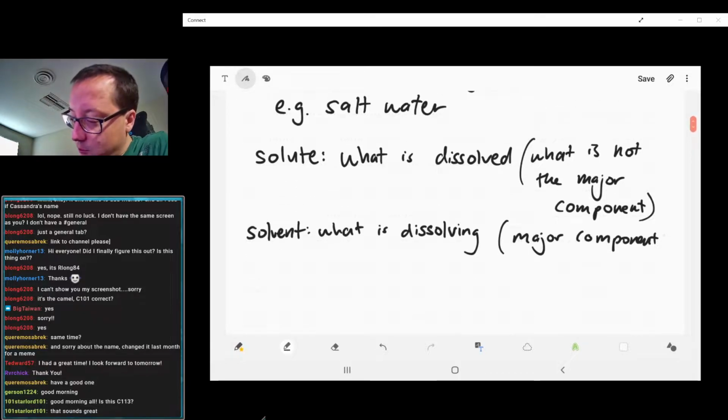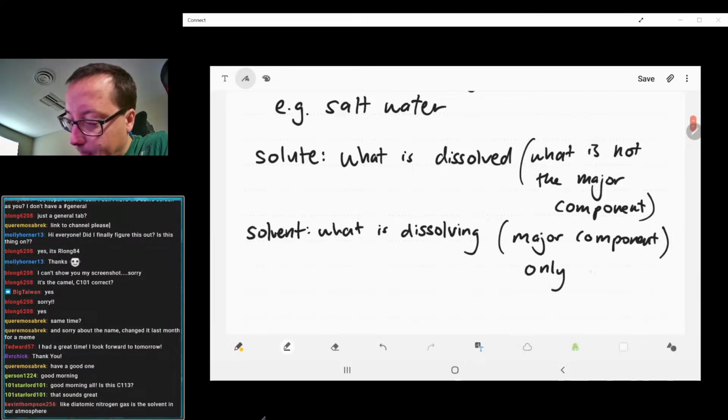There can only be one solvent, where you can have as many solutes as you want. Exactly. For our atmosphere, nitrogen gas would be our solvent, and oxygen and water and argon and carbon dioxide and methane and whatever, those are all solutes there.